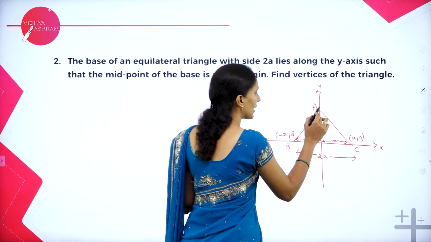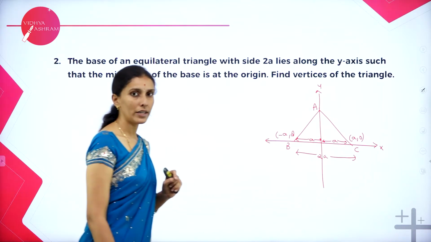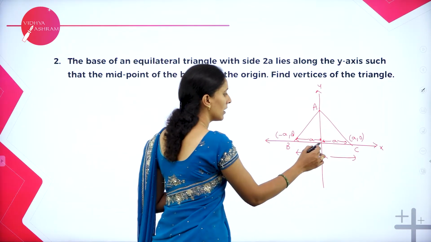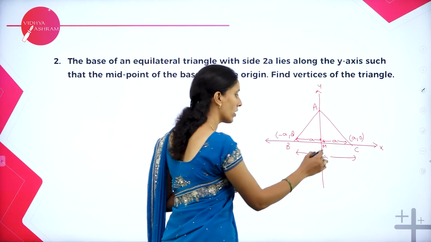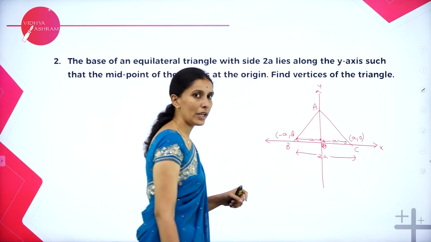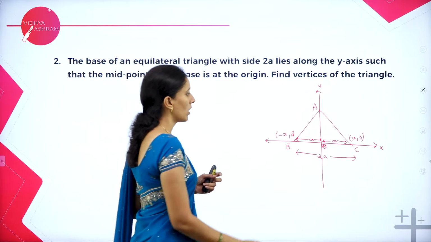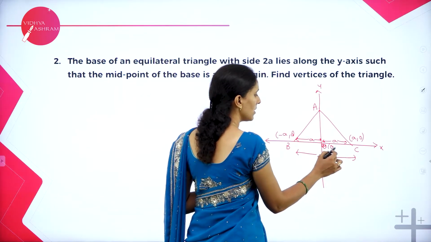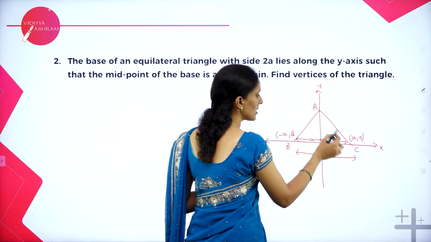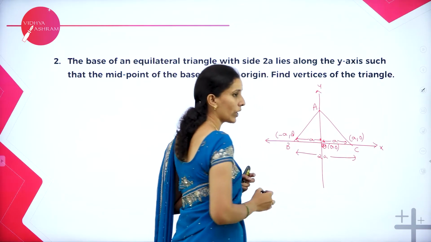Now I need to calculate the coordinate of the point A. So this is the midpoint. Suppose I take this point as M, or since it lies on the origin, I take it as O only. The value is 0, 0. I know the vertices. So this distance is 2A again.